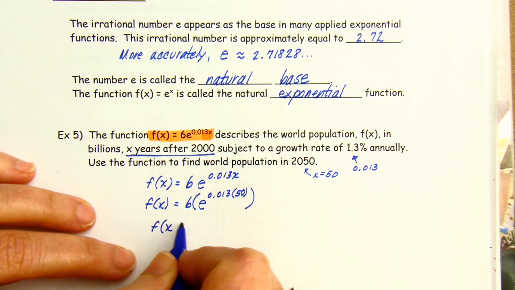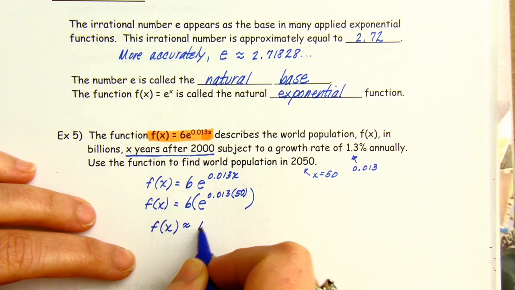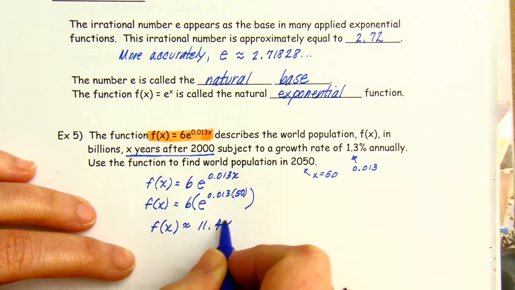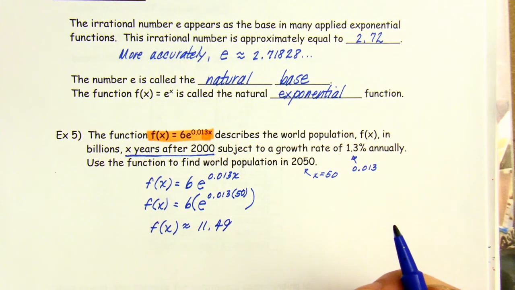So f of x is approximately 11.49. And remember, when you're rounding, you need to use the approximately equal to symbol.